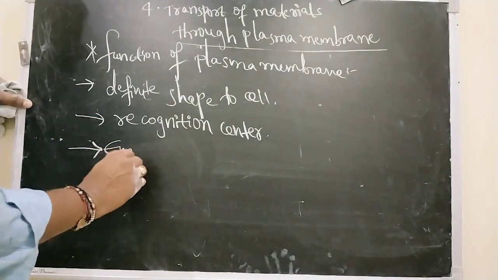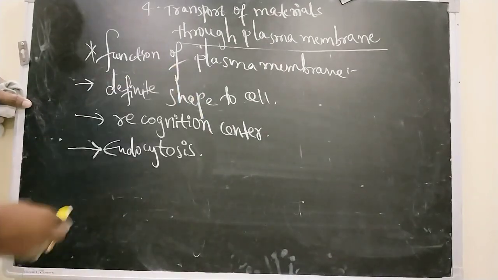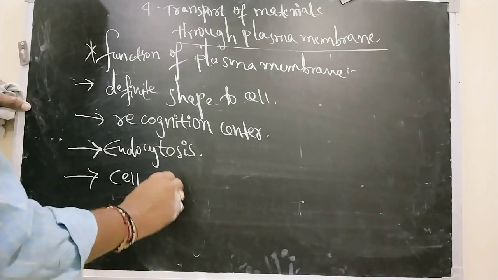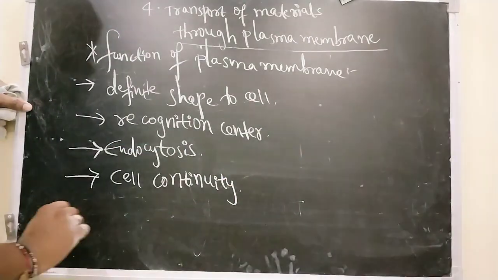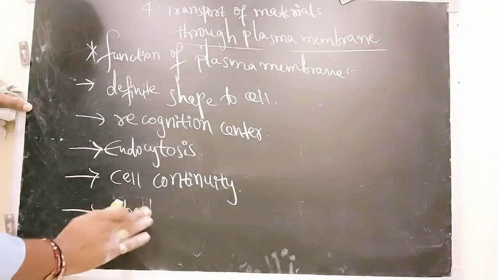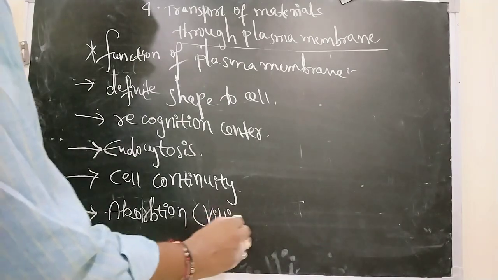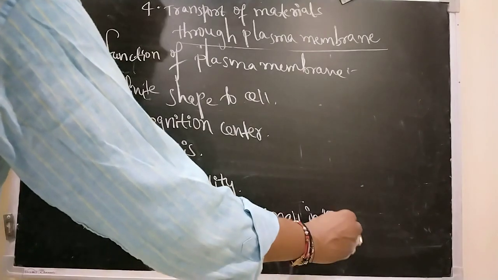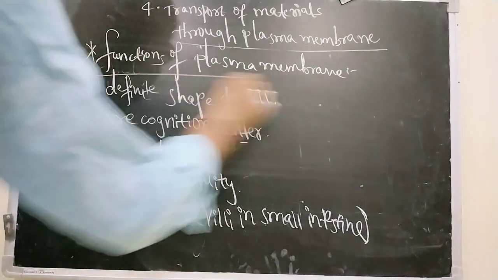It performs endocytosis, meaning it kills harmful antigens or pathogens trying to enter the cell, and it maintains cell continuity between other cells, and it helps in absorption by modifying, for example, villi or microvilli in the small intestine. These are the functions of the plasma membrane.